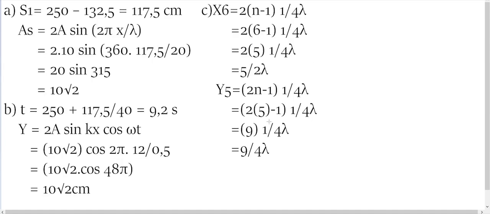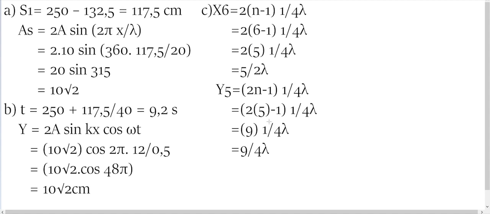So we're going to answer the first question, to find the resultant of amplitude. We need to find the real distance first, because from 250 we can just subtract 132.5, which equals 117.5 centimeters. Because the point has distance 132.5, we need to subtract it from 250. And we go to the formula of resultant of amplitude, which is 2a times sin kx.